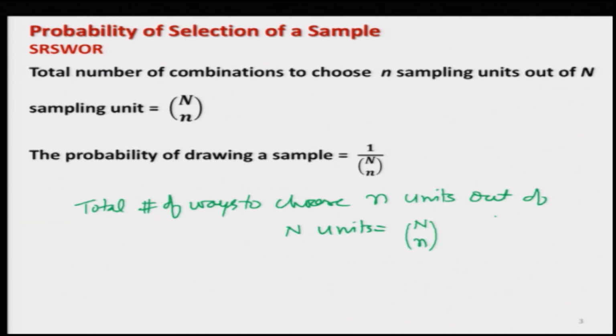In the olden style this is also written as NCn, but nowadays this symbol, N choose n, is more popular. So the total number of combinations of small n sampling units which can be drawn from a collection of capital N units is N choose n. Obviously, the probability of drawing one sample, that is, the collection of small n units, will be 1 upon the total number of possible cases, 1 upon N choose n.